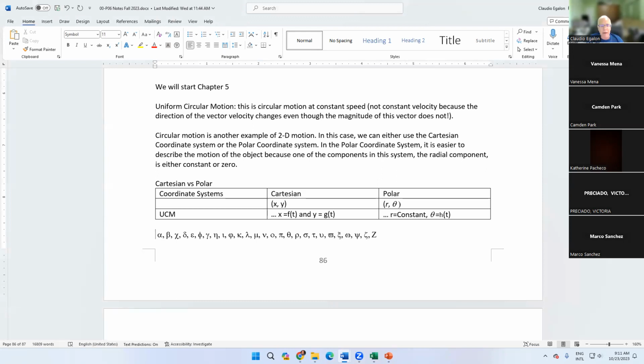So that was the parametric equation. Later on, we moved to the other equation, y as a function of x. But in general, those are called the equations of motion.